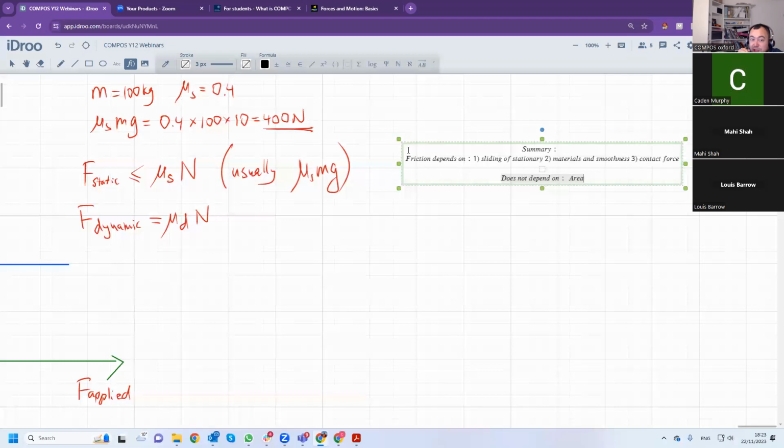So the coefficient of friction is a very complex thing. We use a simplified model where we say, oh, the coefficient of friction is the same. Well, apparently it's not the same for a sleek tire and for a wide tire, for a narrow tire. Apparently, the coefficient of friction is different.